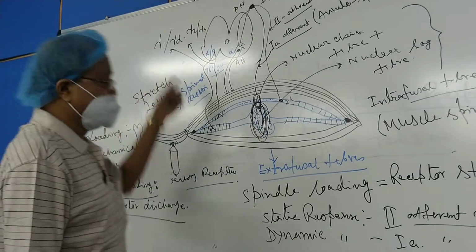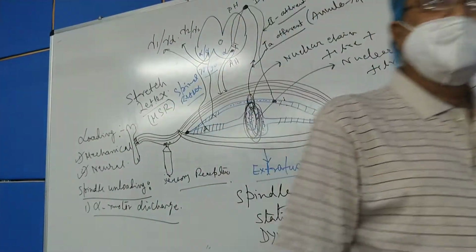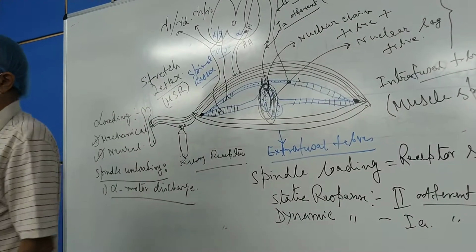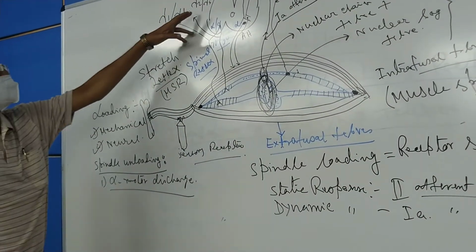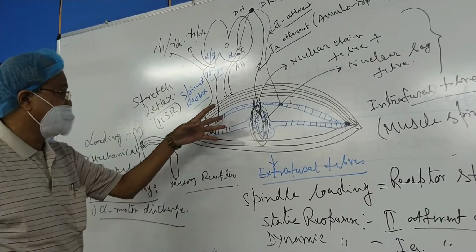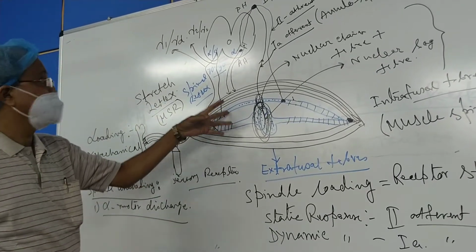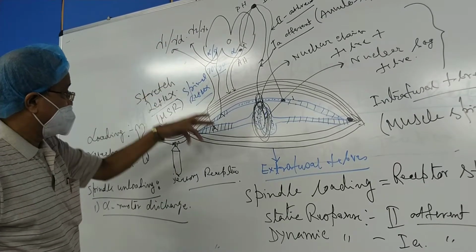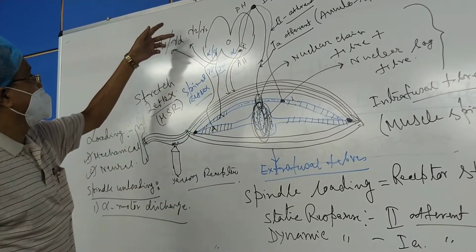Here also there is a gamma 1 or gamma dynamic fiber responsible for the dynamic stimulation neurally of the muscle spindle, and there is a gamma 2 or gamma static fiber responsible for supplying the nuclear chain fiber only.